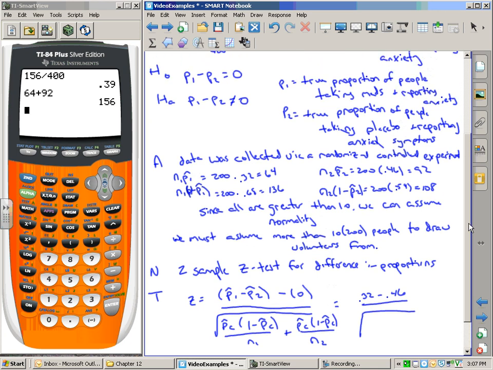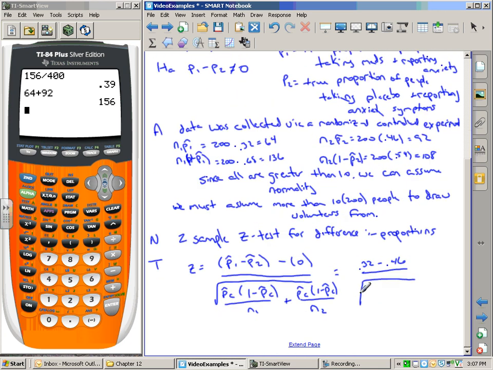If I go up, yep, p hat c was 0.39, so it'd be 0.39 times 0.61, right the first time, over 200 plus 0.39 times 0.61 over 200 equals.